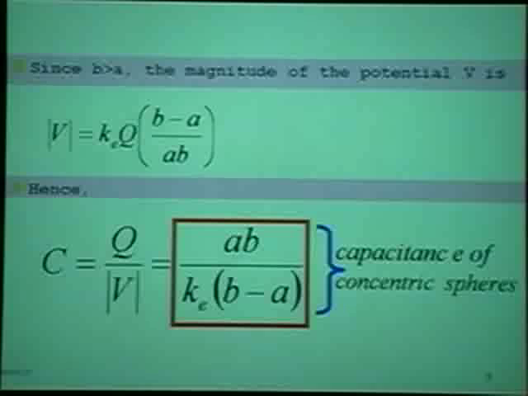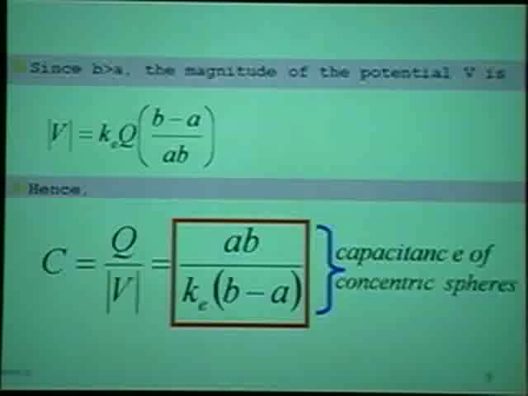What is nice about this result, what is beautiful about this result, is that this capacitance is only dependent on geometrical values. K is just a constant, 9 times 10 to the 9, but the other values, radius a and radius b, are the geometrical aspects of our inner and outer shells.